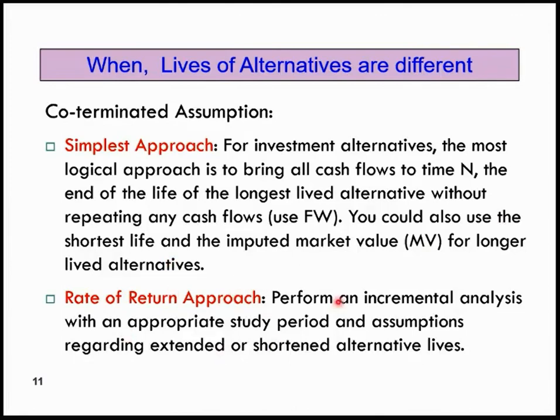Now you have two alternatives with equal study periods and their cash flows, and for this perform incremental analysis as we learned it. Okay, so this is what we learned in this chapter on how to compare project alternatives with each other.